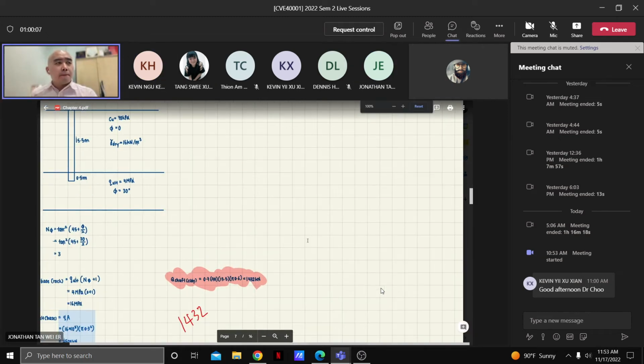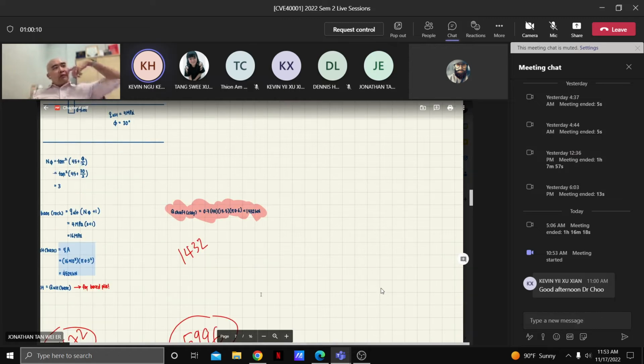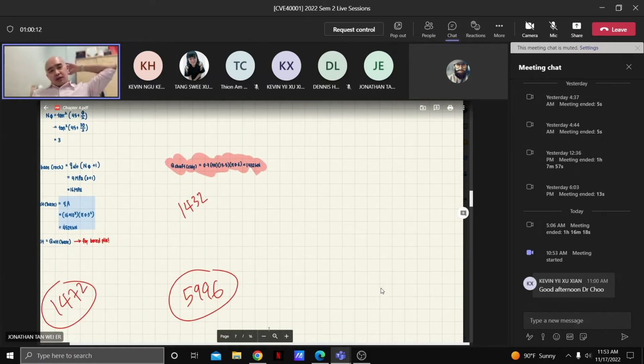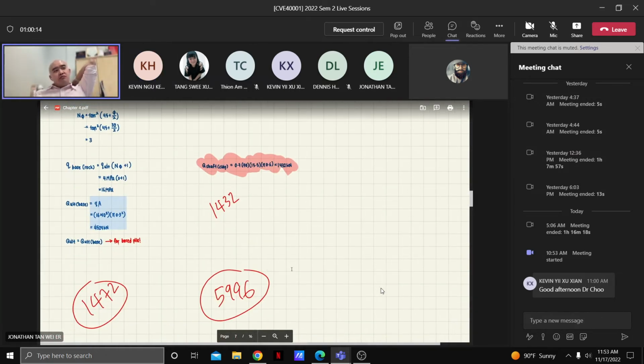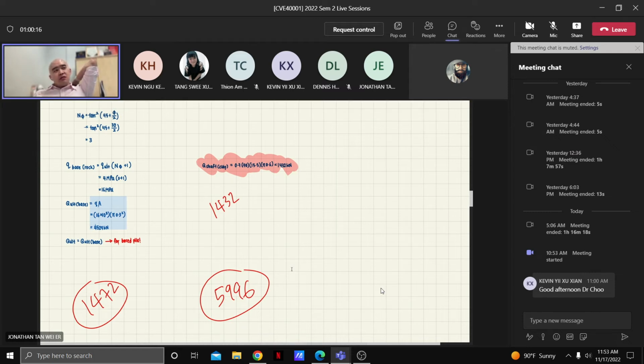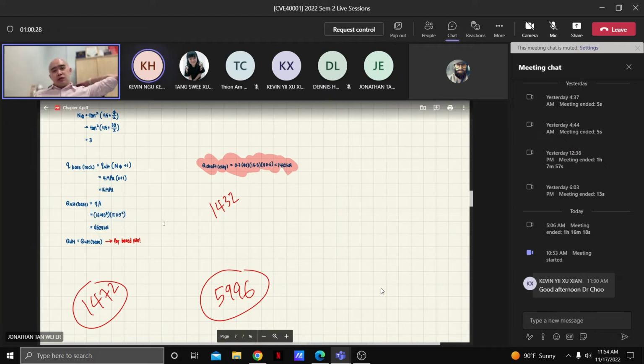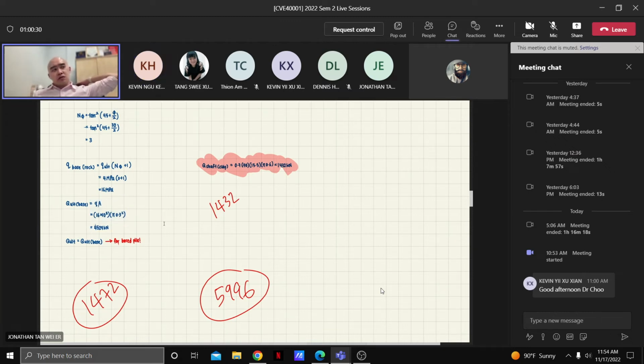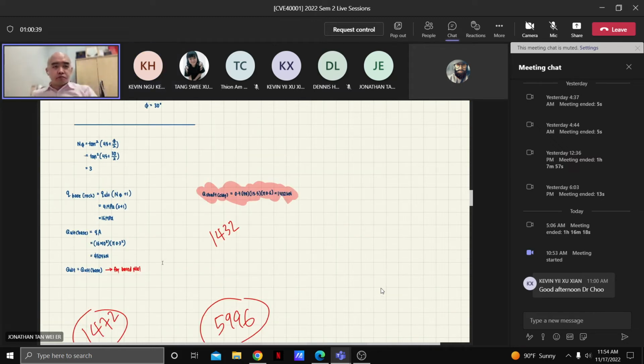But let me just tell you that in practice, we usually neglect the base capacity for bored piles, especially for our rocks here. The rocks here in Kuching and Sarawak tend to be quite weathered. So we usually don't include the Q base for bored piles.